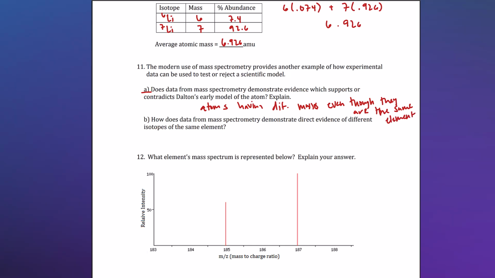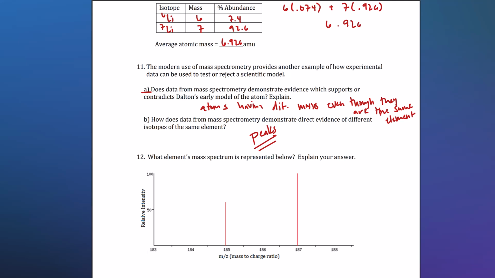Okay, that's not a very graceful answer, but something to do with that would be what you would answer for part A. Part B, how does data from mass spectrometry demonstrate direct evidence of different isotopes of the same element? Again, the peaks. We have different amounts of peaks. So the peaks are what explain this.